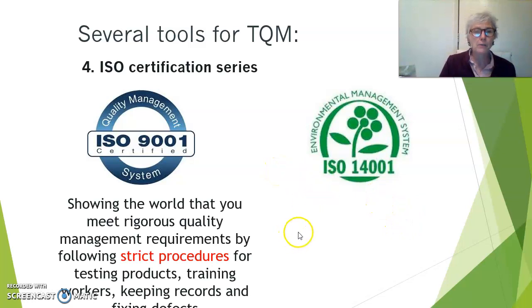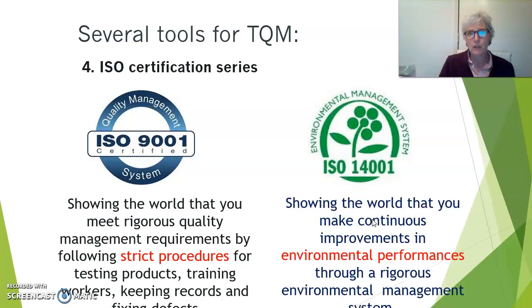ISO 9001 is a brand mark which shows that you as a company follow strict procedures in testing products, training workers, and keeping track of maybe defects, etc., and how to fix them. The green brand ISO certification series shows the importance of environmental performance by the company, so you as a customer know how much effort they make.